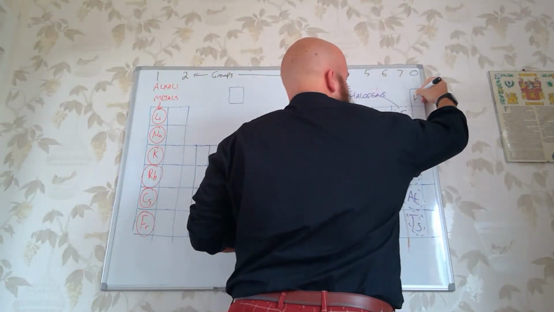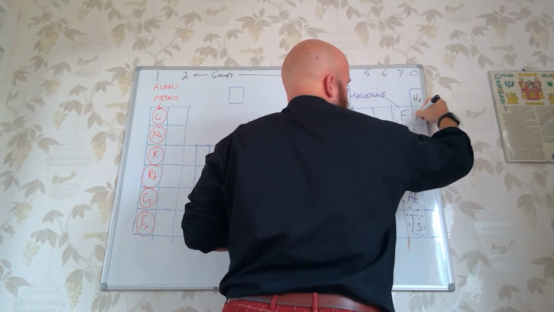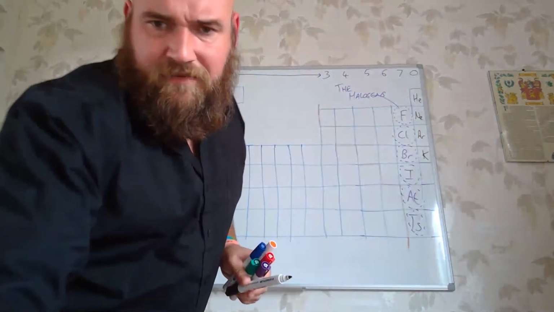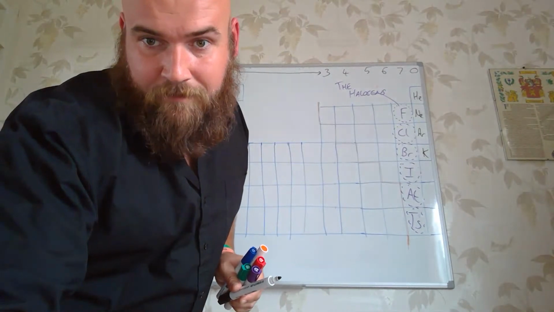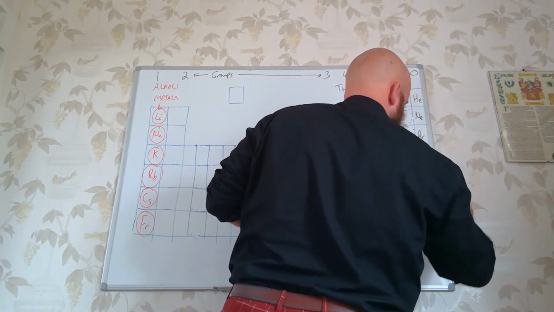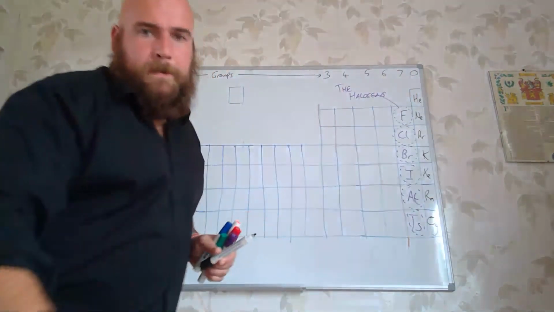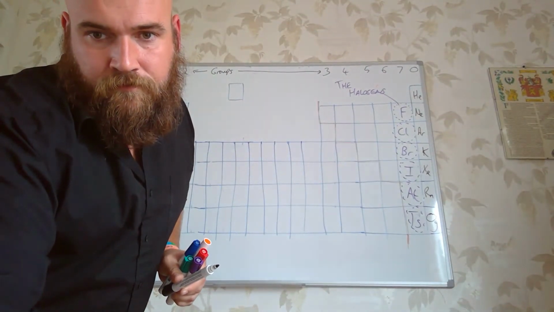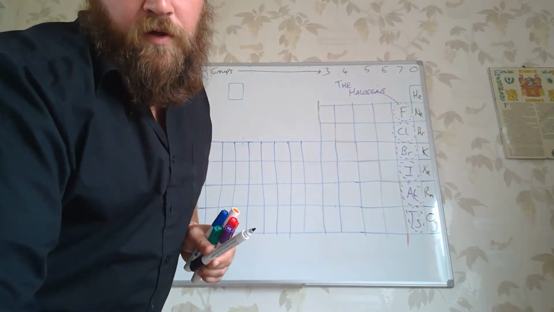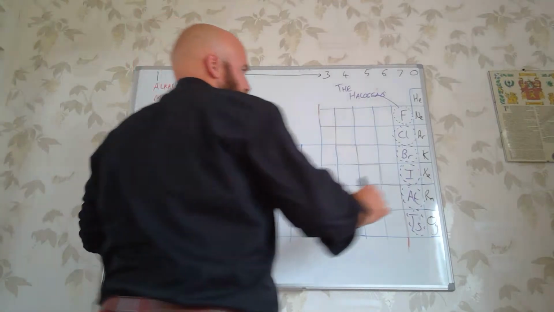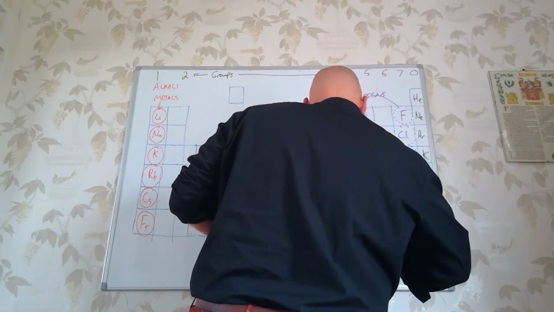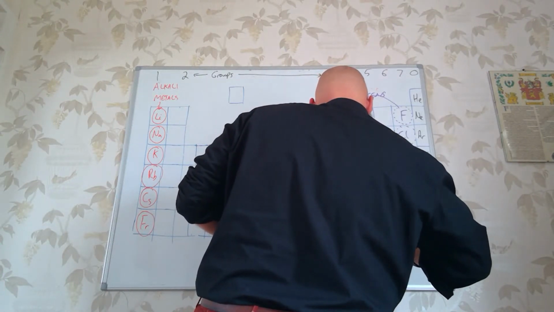So we've got helium, neon, argon, krypton, xenon, radon, and then oganesson, Og. And we call these the noble gases. So these ones, I'm just going to put a big arrow under them. We call those the noble gases.